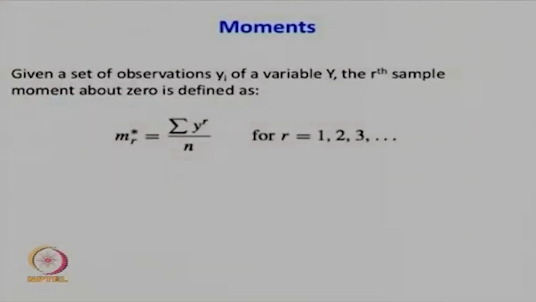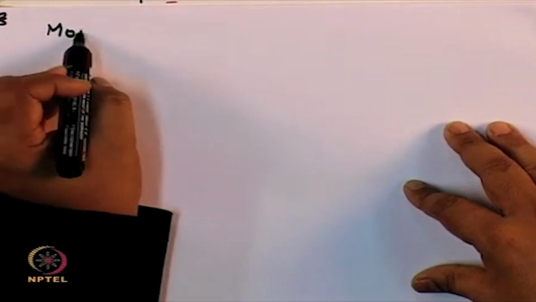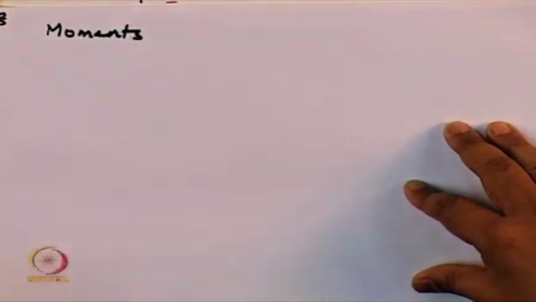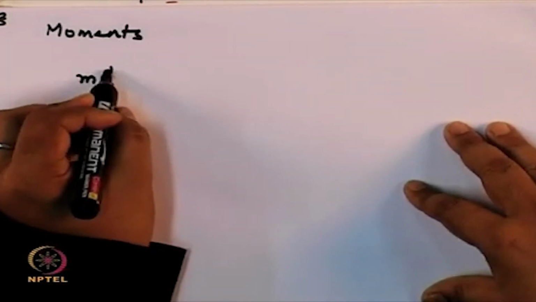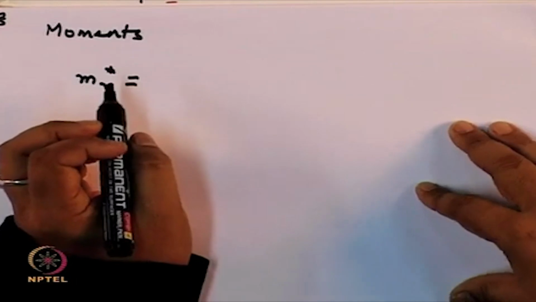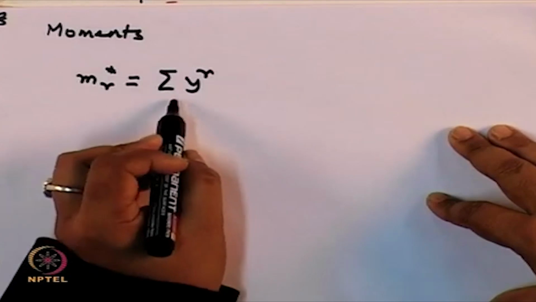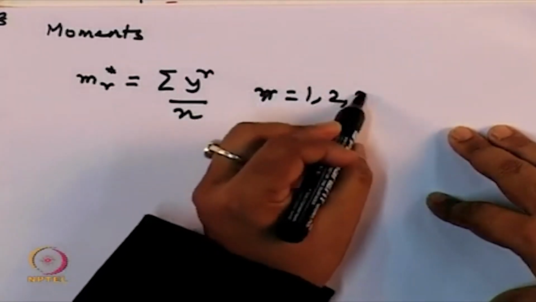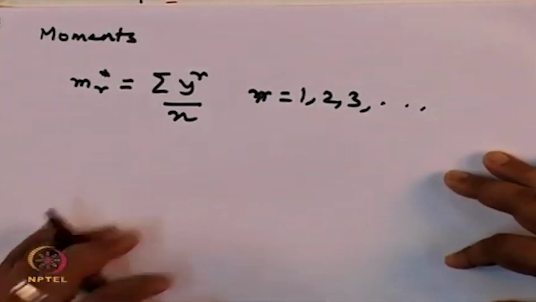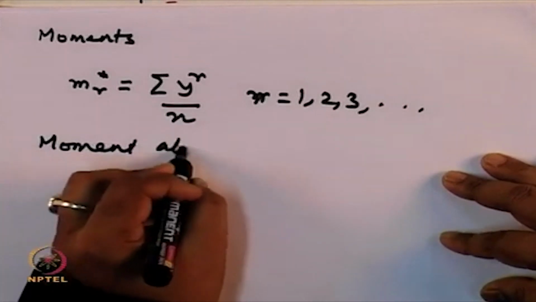Now we come to another interesting concept of moments. Okay. Pearson was the first statistician to make use of moments to describe data. Now how is a moment defined? The moment about 0 is defined as summation y to the power r by n, where r can have any value 1, 2, 3.